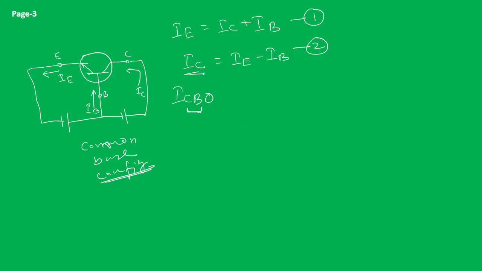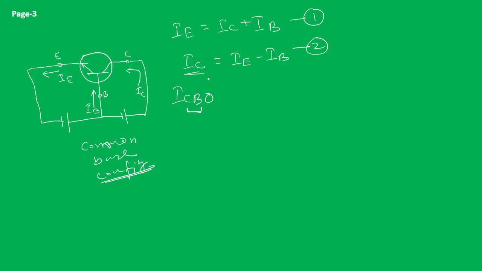As a result, IC is slightly higher than this. So we can write IC as the current gain alpha DC times IE plus ICBO. If you see, these equations are not changing; though the directions of the currents change for the two cases, PNP and NPN transistors, their relations do not change.